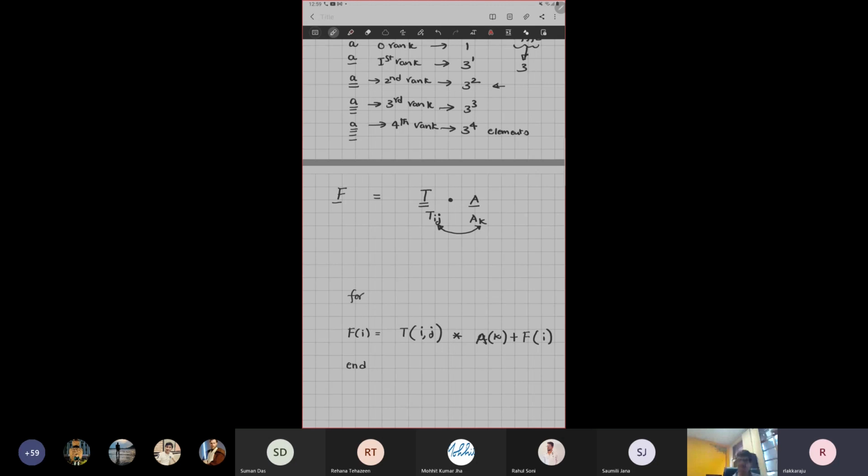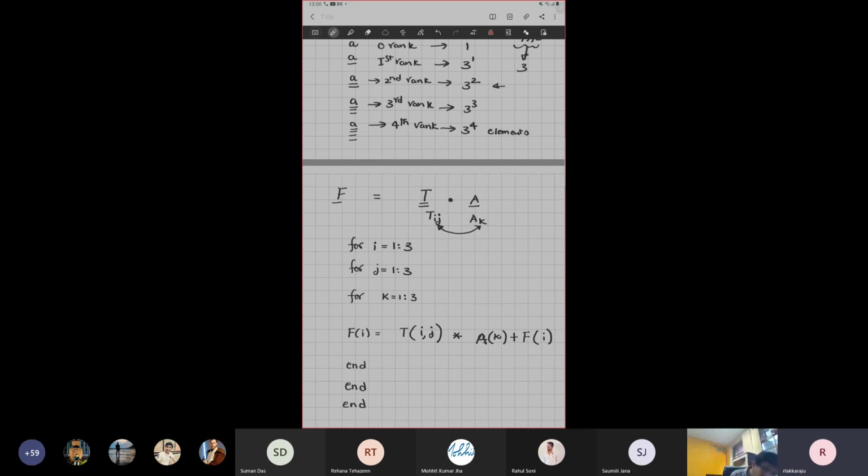Sometime back we wrote for k equals 1, 2, 3; for j equals 1, 2, 3; for i equals 1, 2, 3. But two of the components I would like to condense.